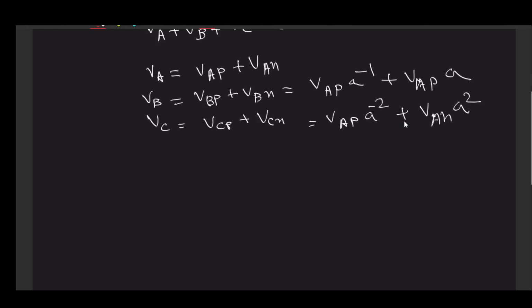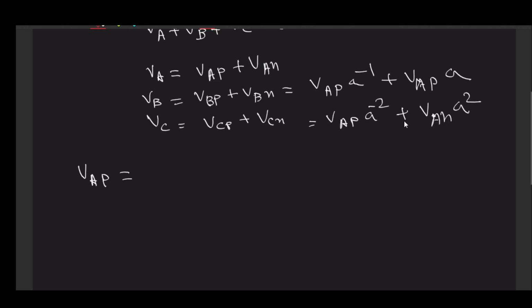Now from this it is very clear what we can write. If we want to find out VAP, because VAP is not a physically realizable thing, meaning you cannot directly get it, rather you are getting the unbalanced voltages VA, VB, VC.